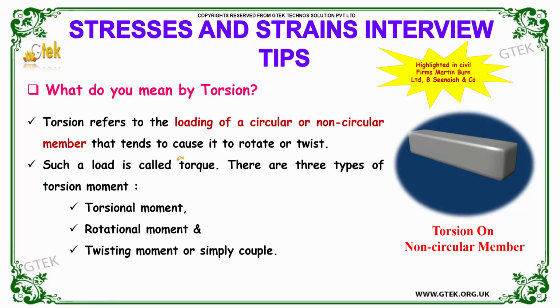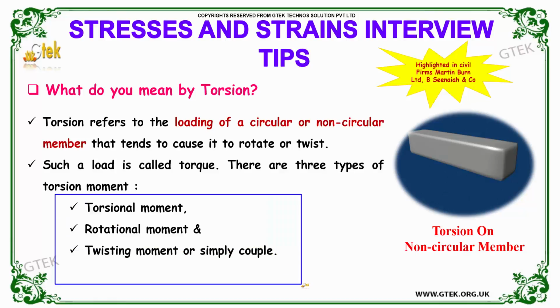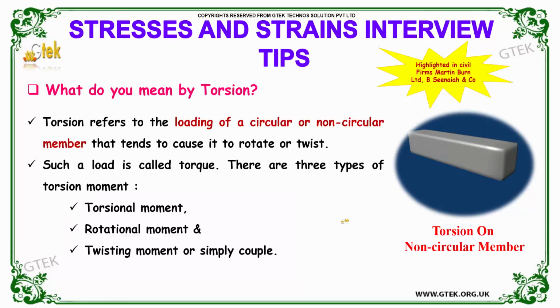Such a load is called as torque. There are three types of torsion moment. The three types are as follows: torsional moment, rotational moment and twisting moment, or simply couple. So these are the three types of torsion moment.